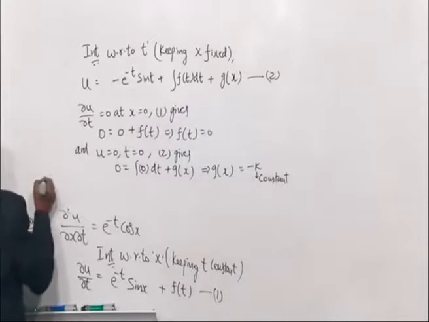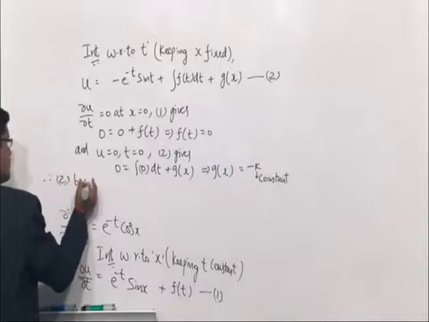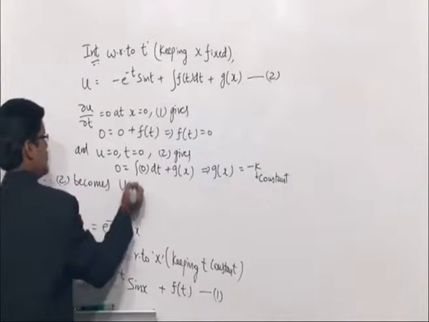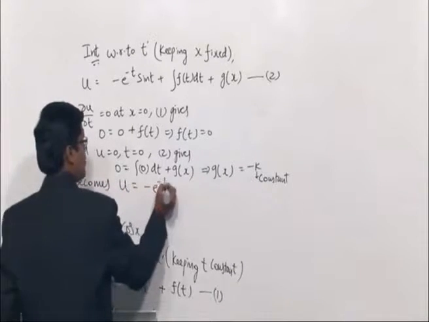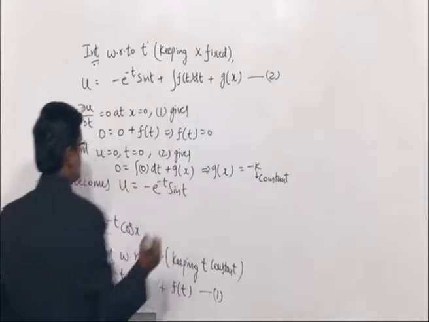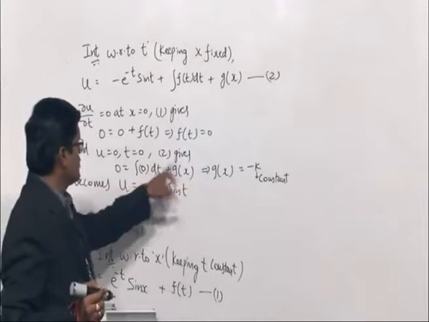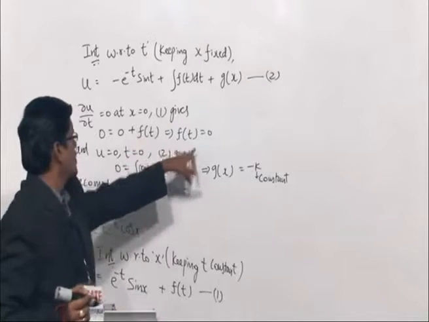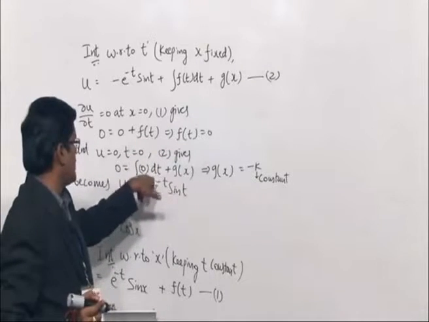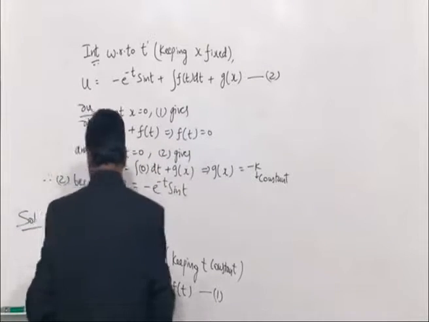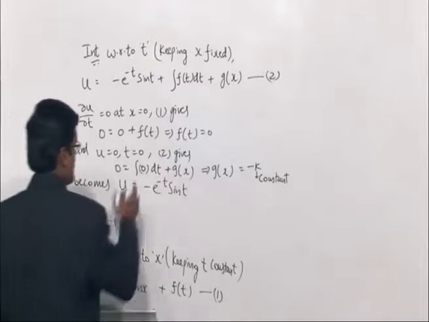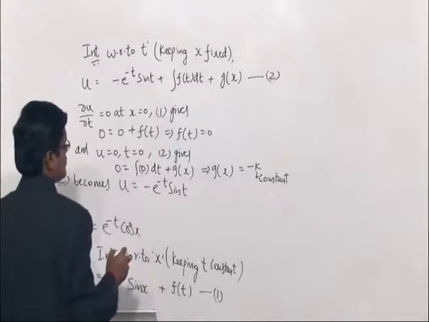So therefore equation 2 becomes u = -e^(-t) sin x. Here I have taken the integral of f of t dt as k, or you can just write the integral of 0, keeping it like that.